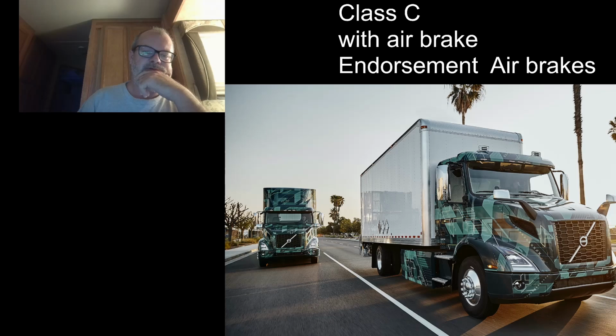So, the key difference between a Class A and a Class B is both of them can pull trailers. The Class A can pull trailers 10,000 pounds and more, and the Class B can pull trailers that are 10,000 pounds or less. It's the main takeaway. The GVWR, gross vehicle weight rating, Class B includes straight trucks and large buses, including articulated buses.